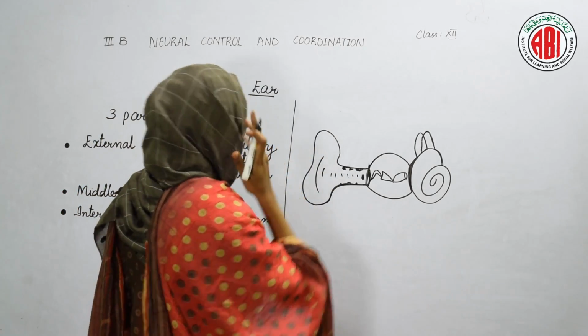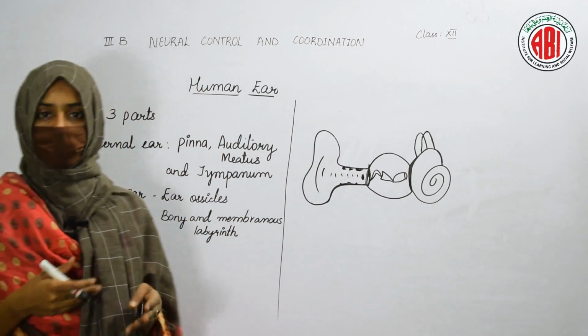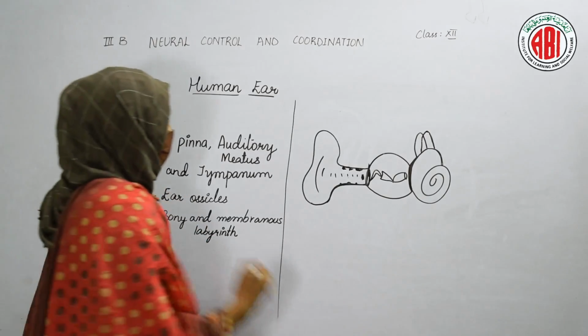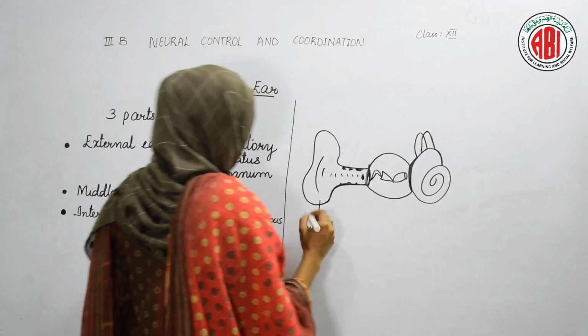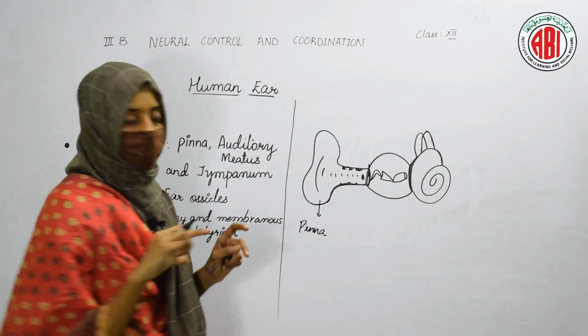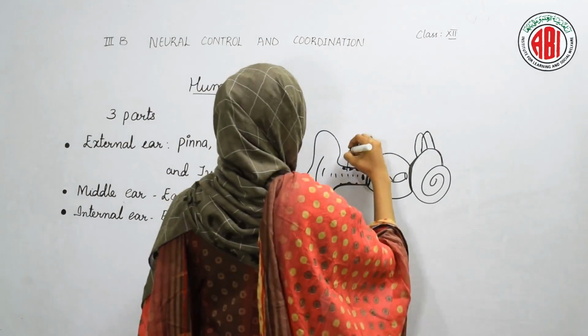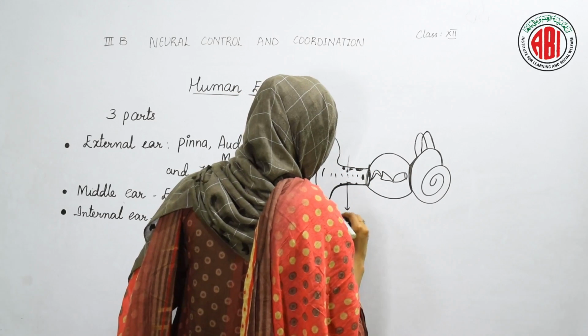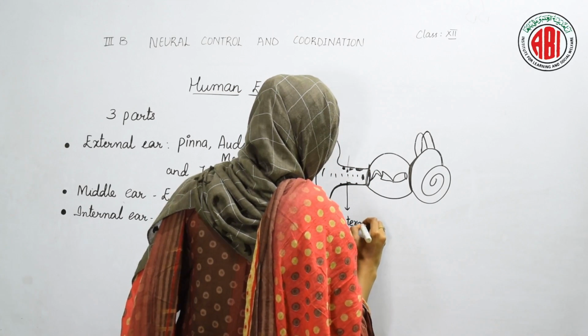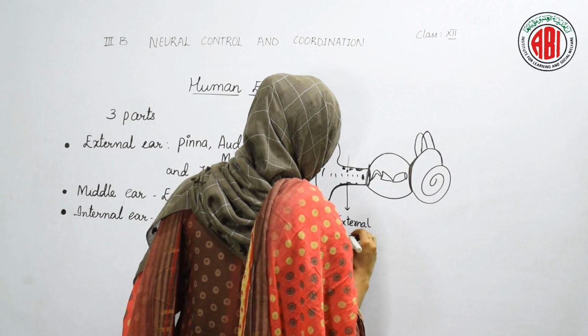The part which is visible from the outside, covered by the skin, we call this part the pinna. This is extended and it shows a tube-like structure. We call this tube the external auditory meatus.